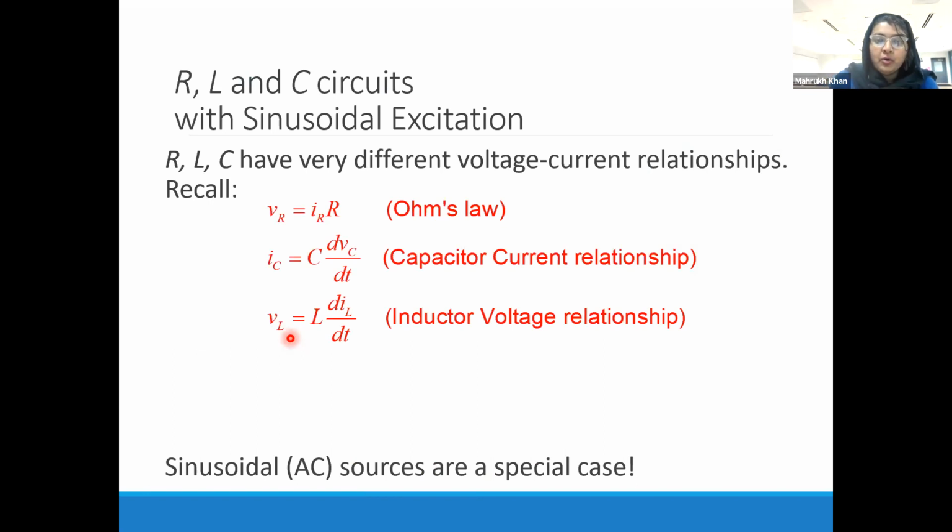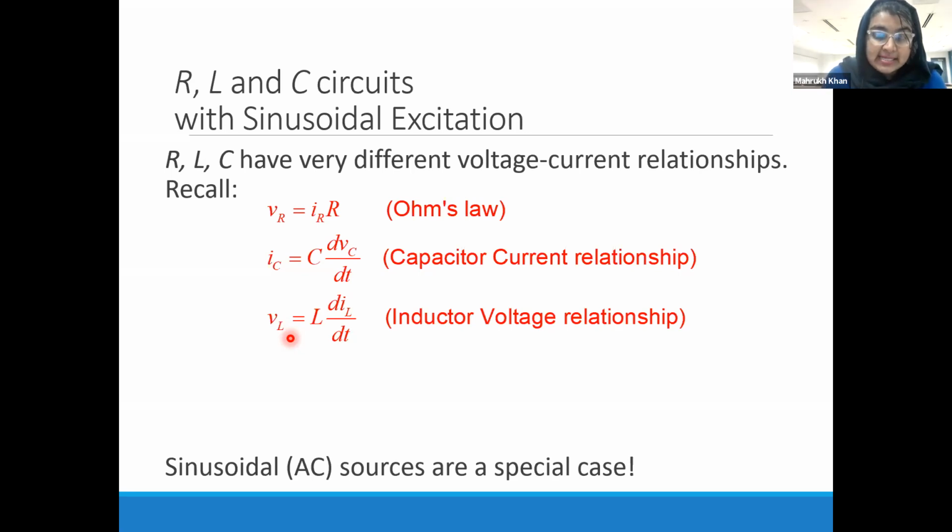So we know by Ohm's law in DC circuit, and in AC it's the same, that voltage across resistor is IR, where I is your current, R is your resistance. But the current across capacitor is not simple. It's not just V by C or something like that.